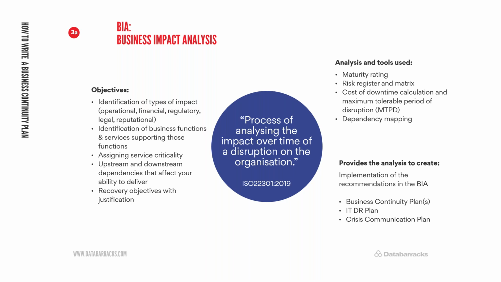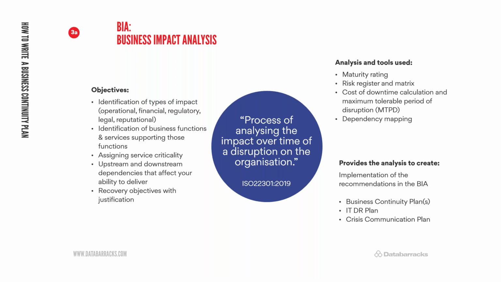So effectively, your BIA is going to include what your business functions are by department, the dependencies and the services that support those critical functions, understanding what their criticality is to the operational delivery for your business, and what it means to you as a business if you cannot perform and deliver those functions.